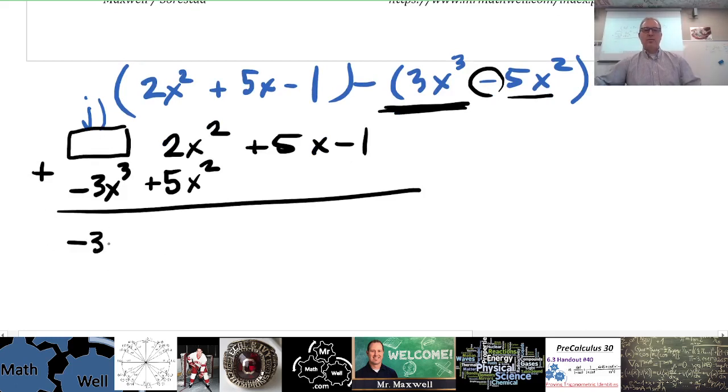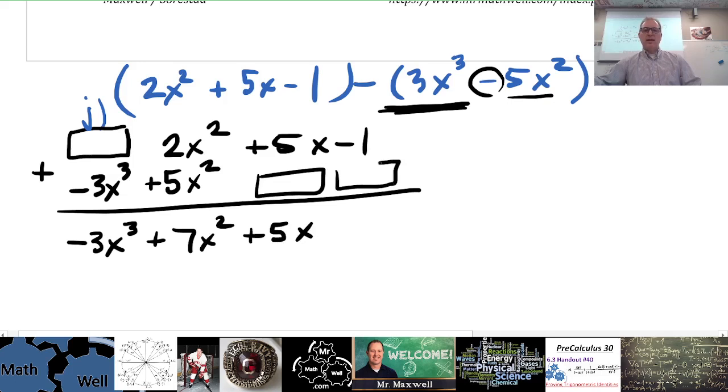So I'm going to have negative 3x cubed plus, so this is 2 plus 5 is 7x squared. And then I don't have anything to add to 5x, so I'll just drop that 5x down. I don't have anything to add to negative 1, so I'll just drop that minus 1 down. And that would be my answer there.